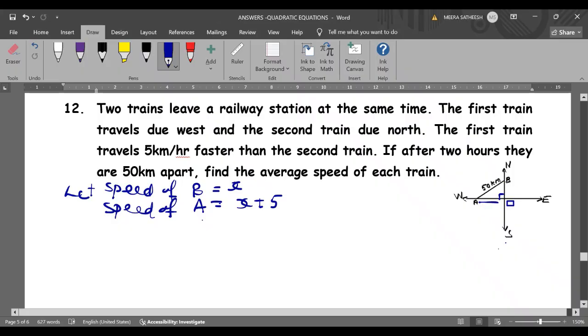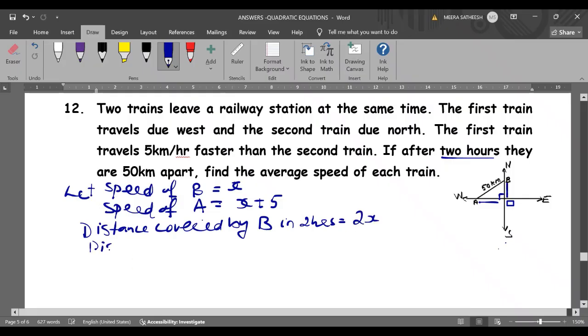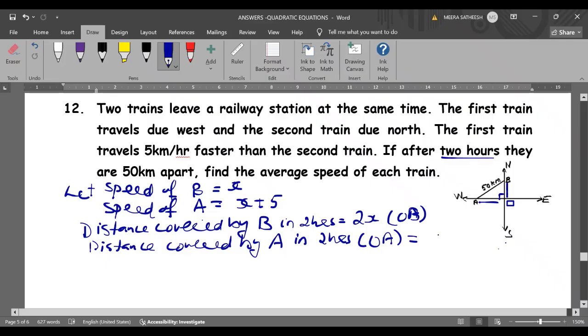So the distance covered by B in 2 hours is equal to speed into time, so 2x. This is OB. And the distance covered by A in 2 hours is OA, which is equal to x plus 5 the speed, time 2 hours, so 2 into x plus 5.